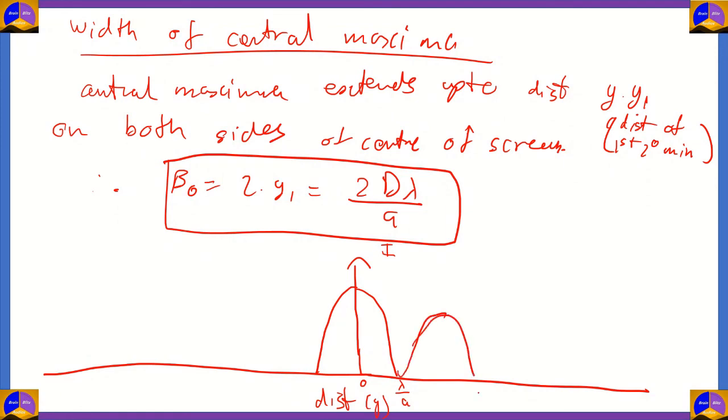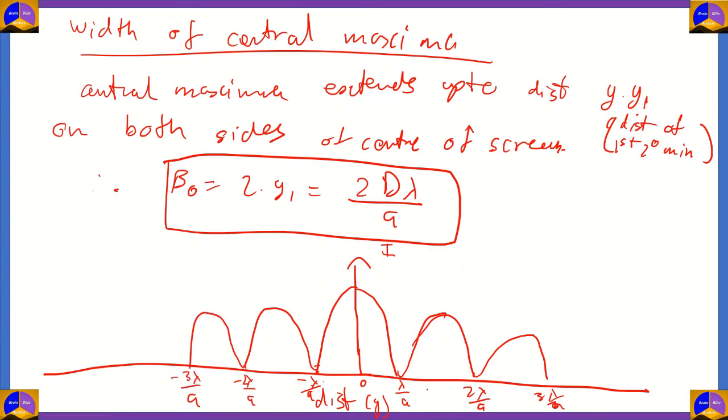The next point can be written as 2 lambda by a, and the next point as 3 lambda by a, and so on. And on the other side it's the same, that will be minus lambda by a, minus 2 lambda by a, minus 3 lambda by a, and so on.